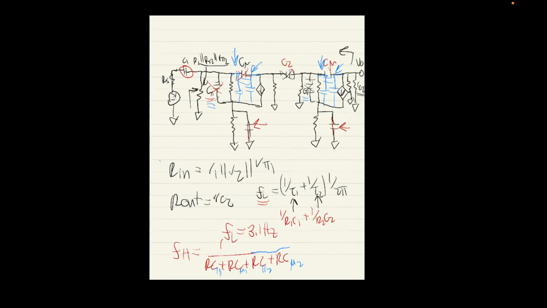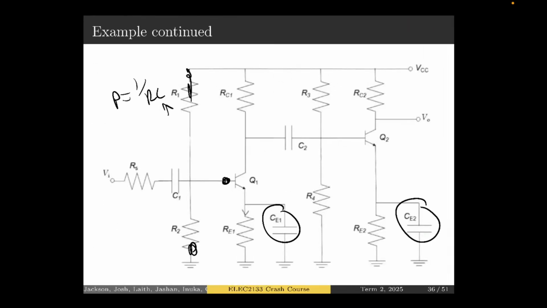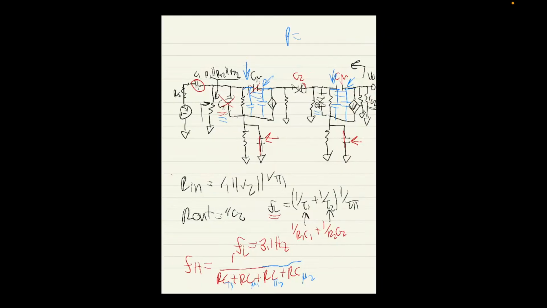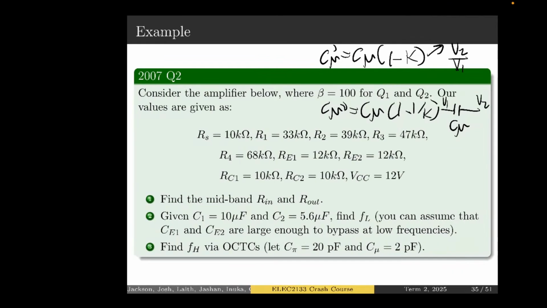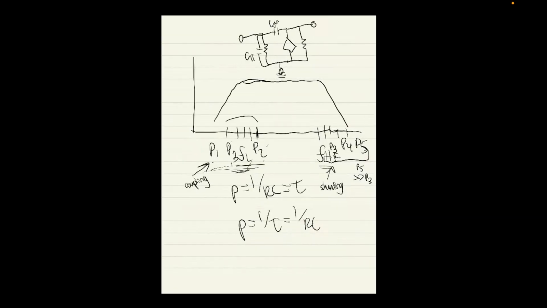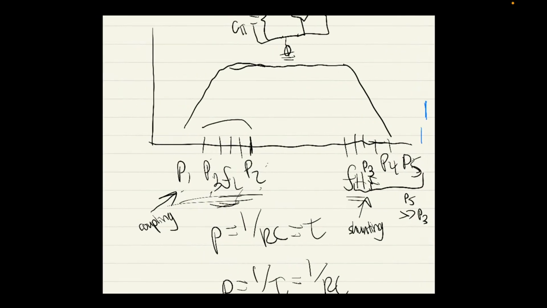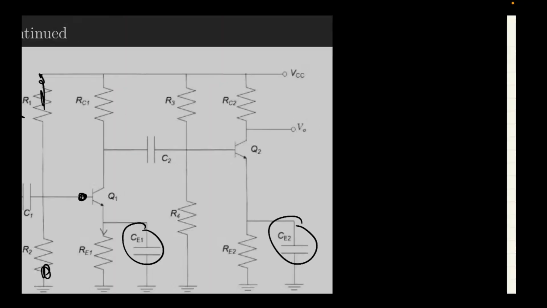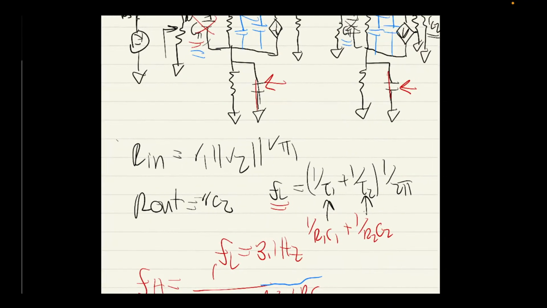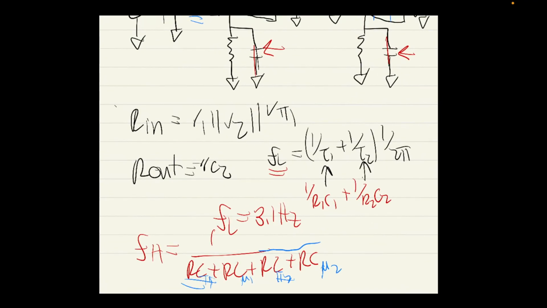Because these become very small and those become very large, we know that since the pole is 1 on RC, if C becomes very small, the pole gets pushed a lot to the right. If we have a pole way on this side, then it doesn't matter. Just linking it back to the diagram that I made earlier. So all you have to do is find RCE, this one, and then this one, and these ones don't matter. This is how you would save time.